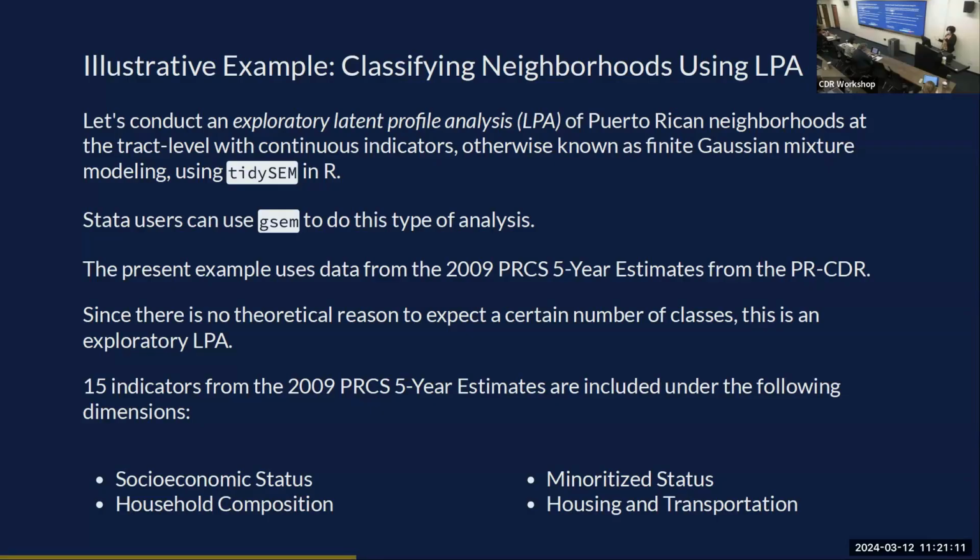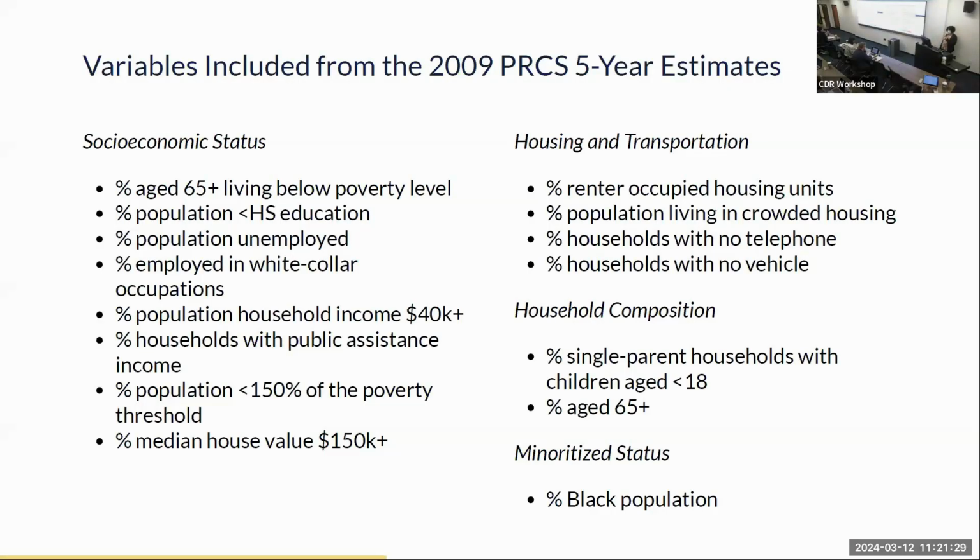And again, because I do not have a theoretical reason to expect a certain number of classes, this is purely exploratory. I did choose 15 indicators from the 2009 PRCS that encompass four dimensions: SES, household composition, minority status, and housing and transportation. I don't have time to get into all of today as to why these 15 variables were chosen, but just believe me for now and take at face value that these are all related to each other in some way or form for Puerto Rican health.